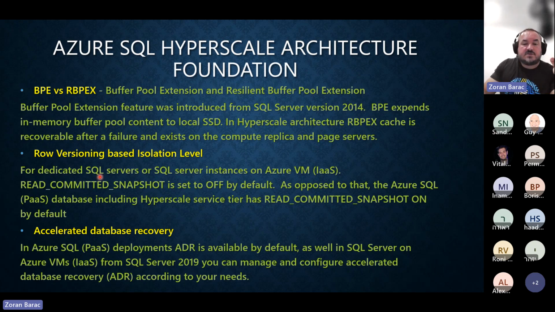Now, what Microsoft did with Hyperscale is extend that shared disk ability in such a way that the compute layer shares it on a shared storage tier with the page servers at the same time, creating the persistent version store.